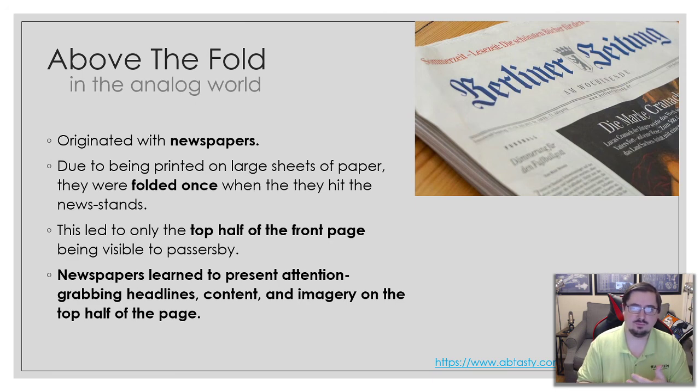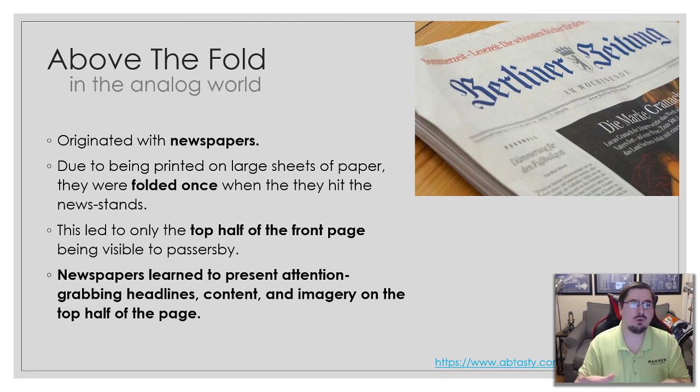Your client, the person who was buying the newspaper, wouldn't see what was beneath the fold until they actually picked up the newspaper. Or for instance, if it's in some sort of dispenser machine, you might actually have to put in a quarter to get the newspaper, pull it out and see the bottom of the page.